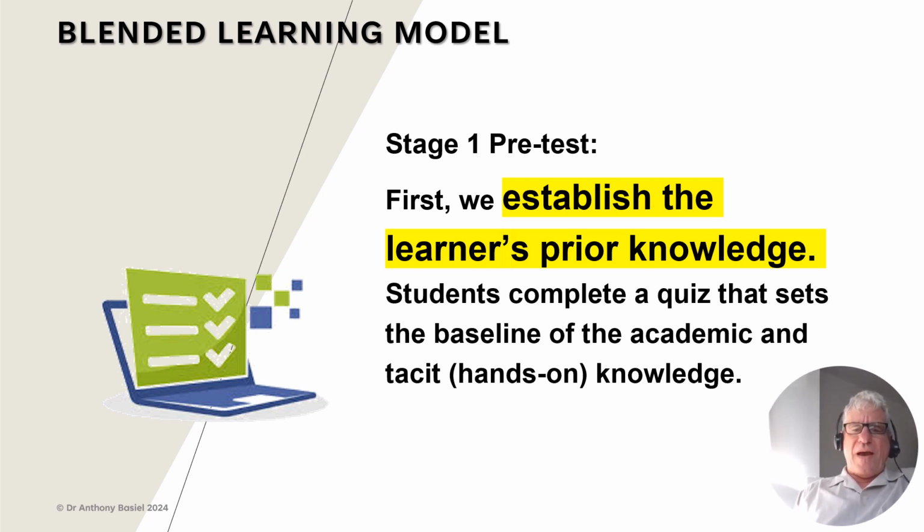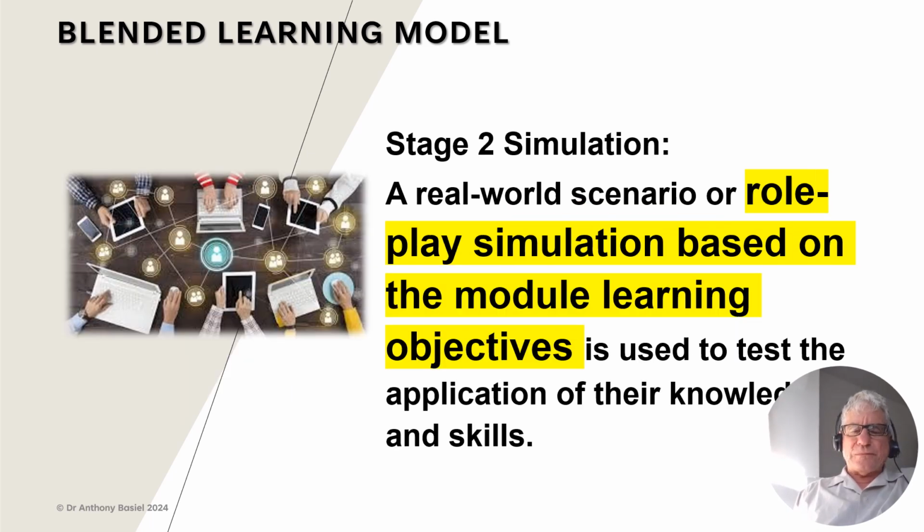So we factor in this tacit knowledge to be able to establish what we call an ipsative assessment. So what we're doing is we're looking at their starting point and then at the end, the change in their learning.